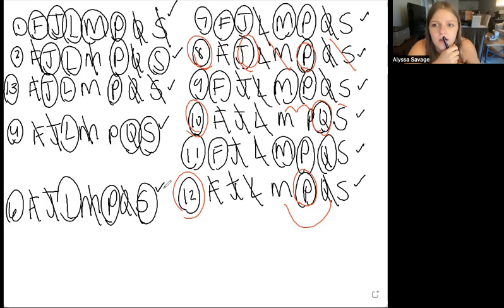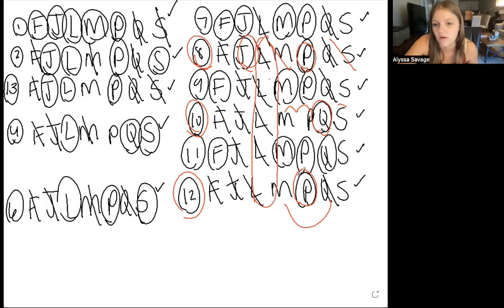So J and P, I can cross out C then. I can cross out Q because I can have that here. I can cross out S so I can have that in these two worlds. And I can cross out M because I have that being an option here and here. So my answer choice is L, and that's also visible here.